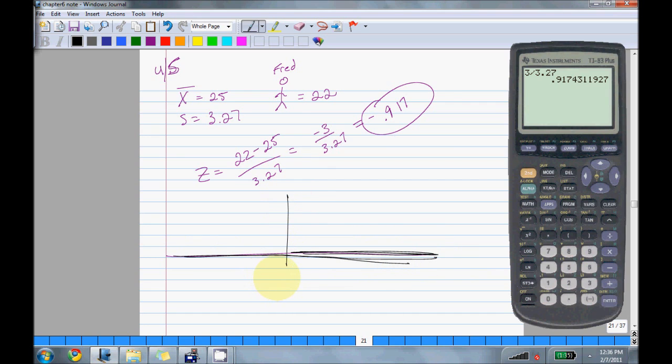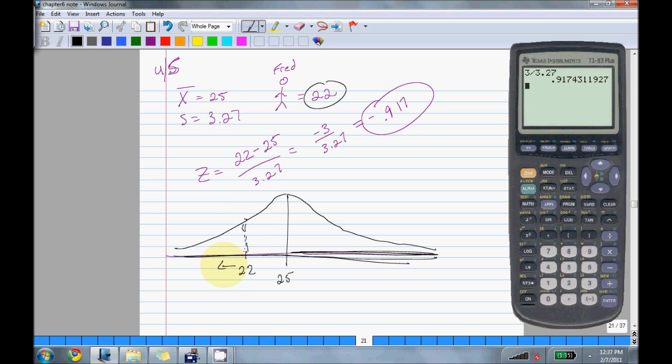Mean is 25. This thing is unimodal and symmetric, right? And Fred's age is 22, so he's lying somewhere around here. And we're interested in what percentage of people are lower than 22.